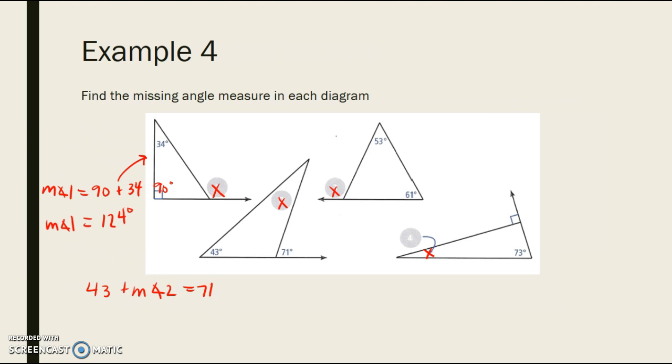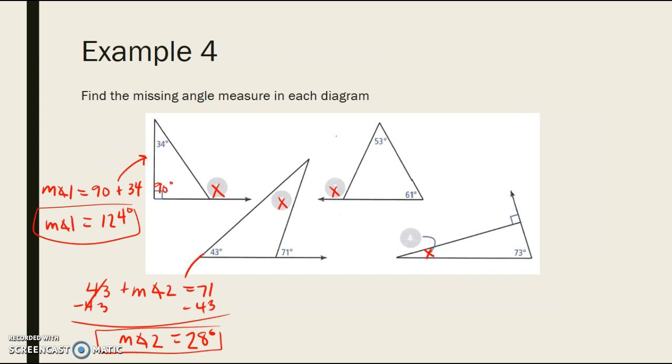And so to get my measure of angle 2, I would have to subtract 43 from both sides. And so 71 minus 43, subtract 43 from both sides. Measure of angle 2 will be 28 degrees. So, answer to the first, answer to the second.